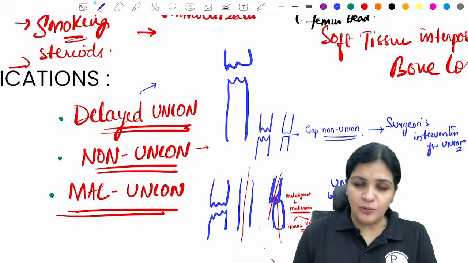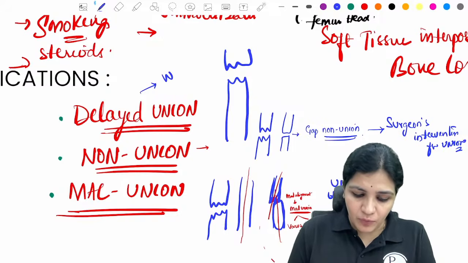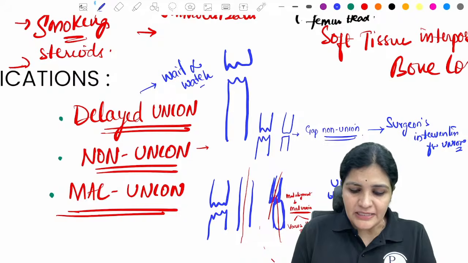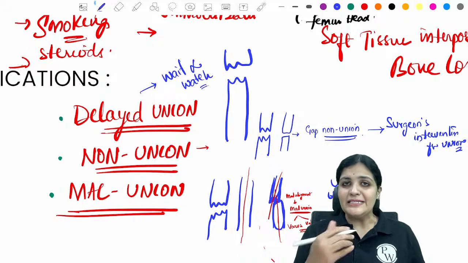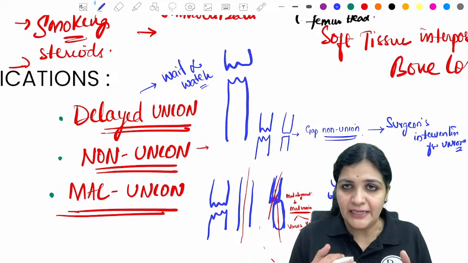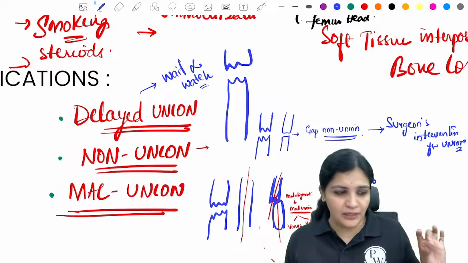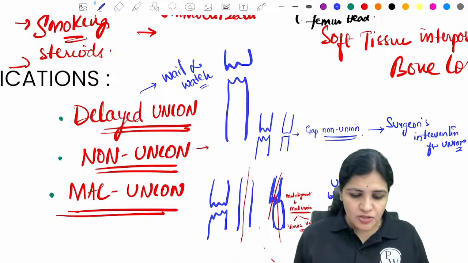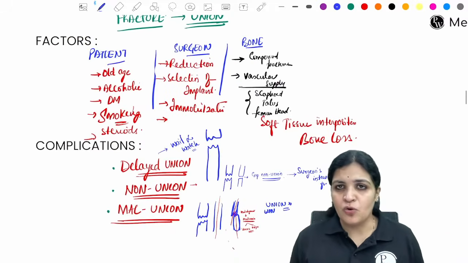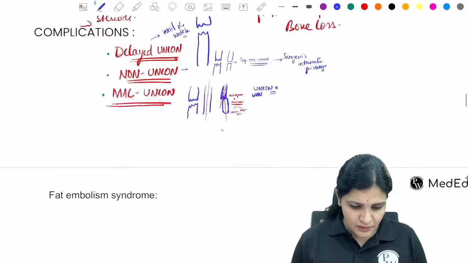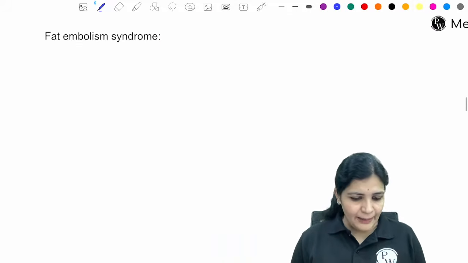But if the union has not happened yet and you can wait and watch without any surgeon's intervention, that is called delayed union. So this is the definition of delayed union, non-union, and malunion. Hope you understood. So this is about the complications of your particular fracture healing, right? Yes. Now next we'll go to fat embolism syndrome.